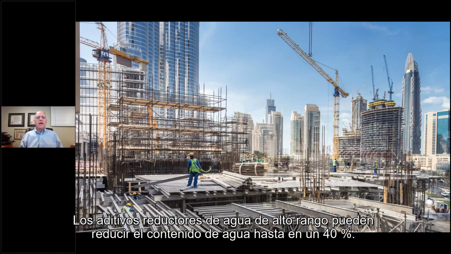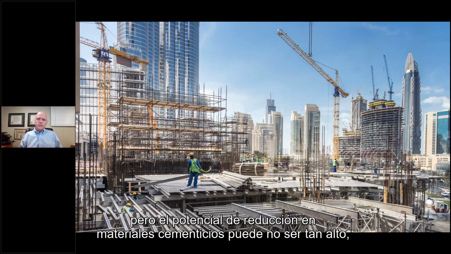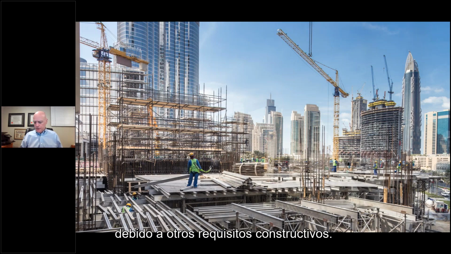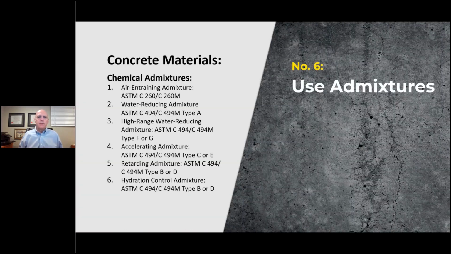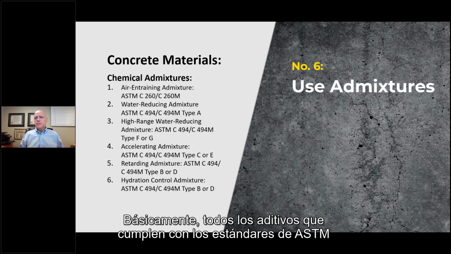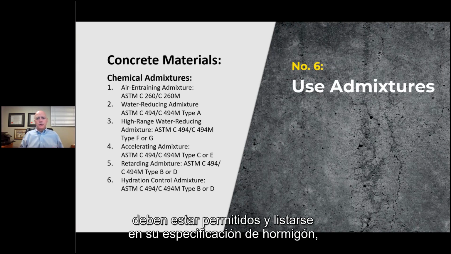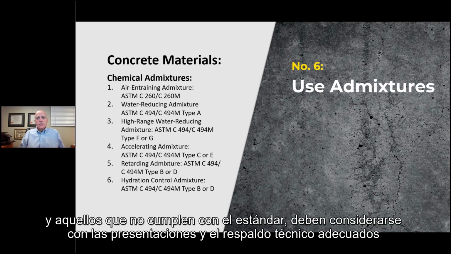High-range water-reducing admixtures can reduce water content by as much as 40%, but the potential for reduction in cementitious materials may not be that high because of other constructability requirements. Another simple solution for this one: basically, all admixtures that meet the ASTM standard should be permitted and listed in your concrete specification, and those that do not meet a standard should still be considered with proper submittals and technical backup.